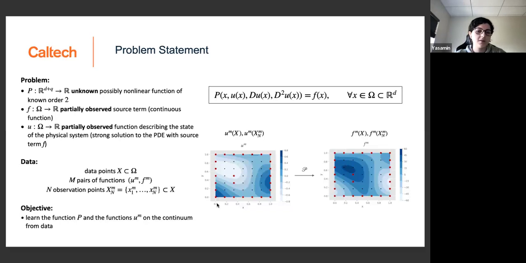And then we also have n observation points. Essentially, randomly, we take a subset of these data points, and those are going to be the observation points that we have for whatever we're going to do in the future.